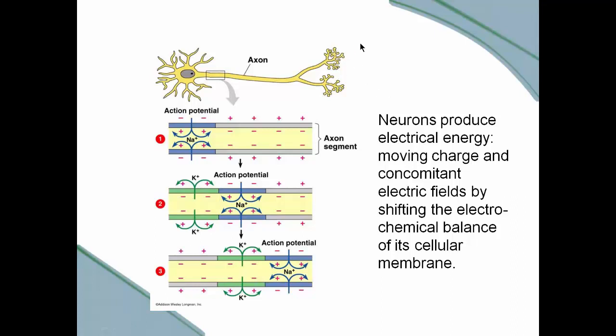And these neuron buttons, you don't see here, but they would also then connect to other dendrites from another neuron over here, and then they would either tell that neuron to be excited or to keep it cool, one way or the other, excitation or inhibition. So neurons produce electrical energy, and that electrical energy is a moving charge and concomitant electric fields by shifting the electrochemical balance of its cellular structure, as it says there.